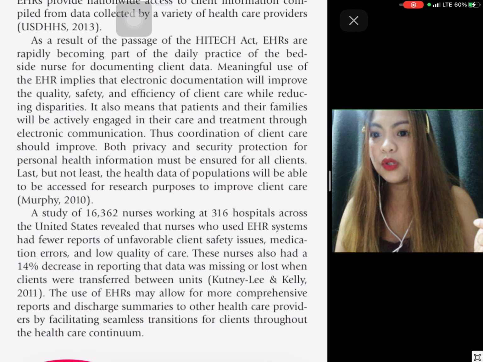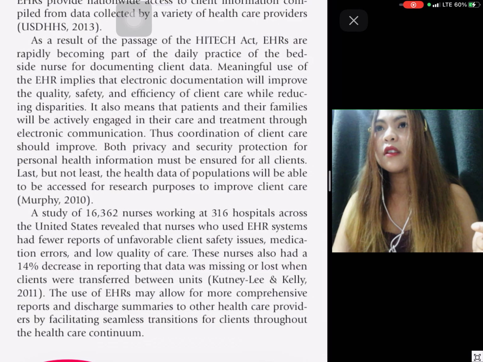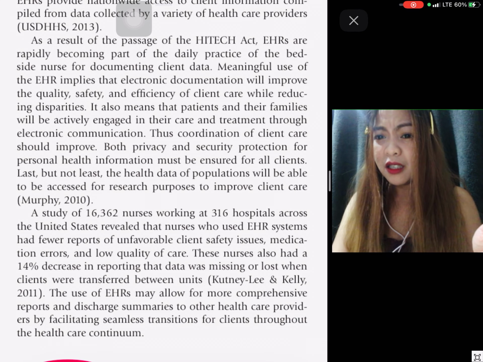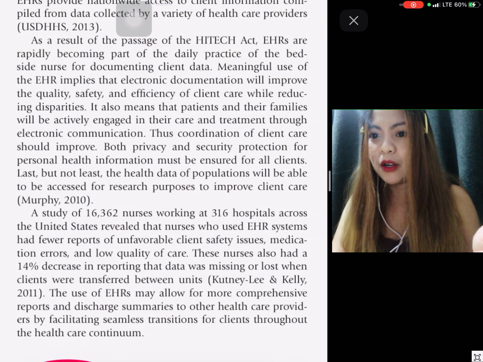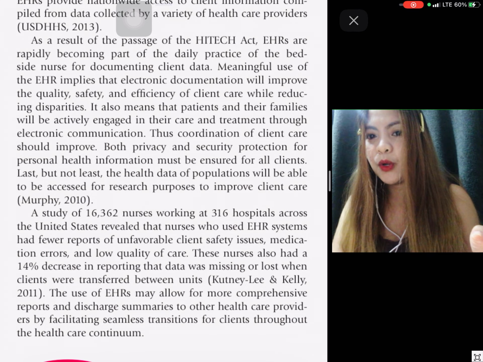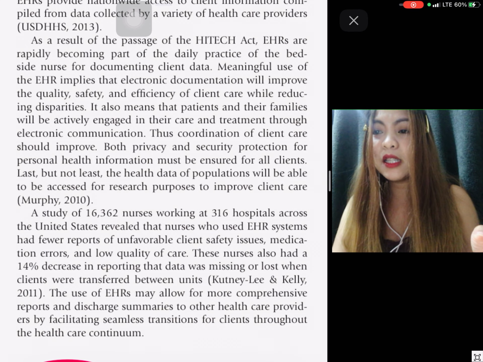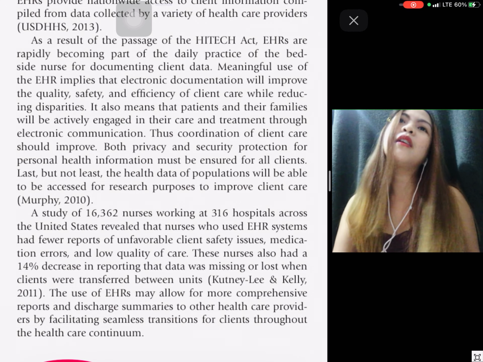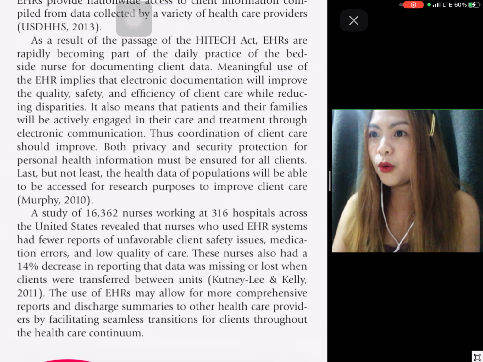Of course, since it is documented on the computer, it doesn't just fall off, unlike paper, which can get lost. The use of EHR may allow for more comprehensive reports and discharge summaries to other healthcare providers by facilitating seamless transition for clients throughout the healthcare continuum. There is also continuity of care since all the data is there. They will know and can compare everything.